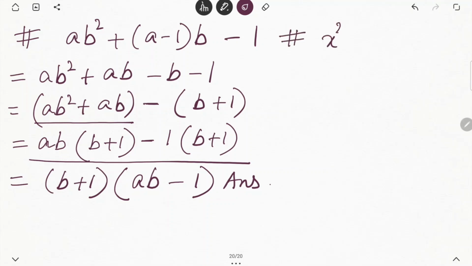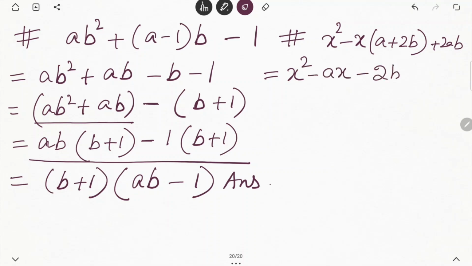Say x square minus x into a plus 2b plus 2ab. So again in this case, the first step that I do is I open up the bracket. So I get minus 2bx plus 2ab. Next is, as I cannot take anything common from all the 4 terms, I'll think of grouping.